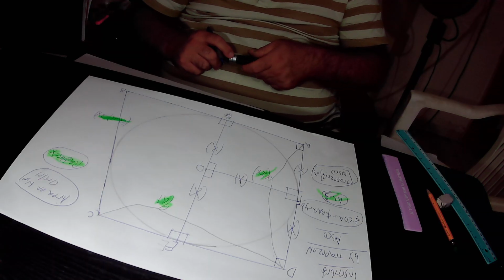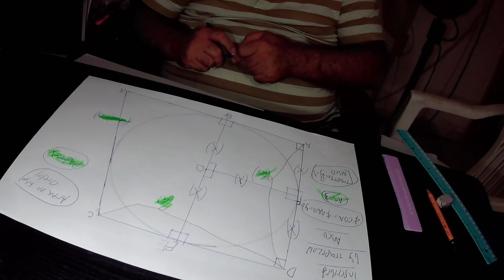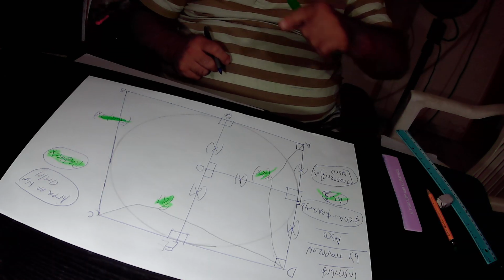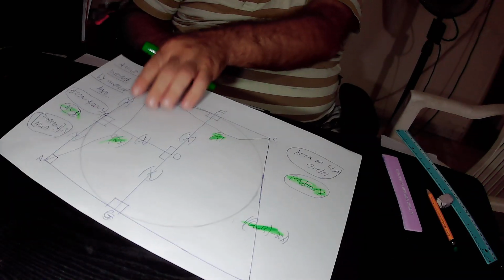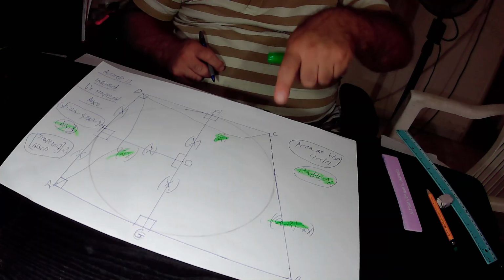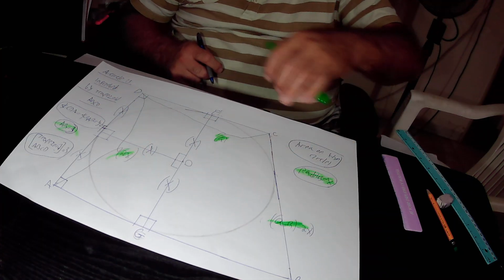In the next step, we will do a construction. This is to say, from point C, we will draw a perpendicular to AB.